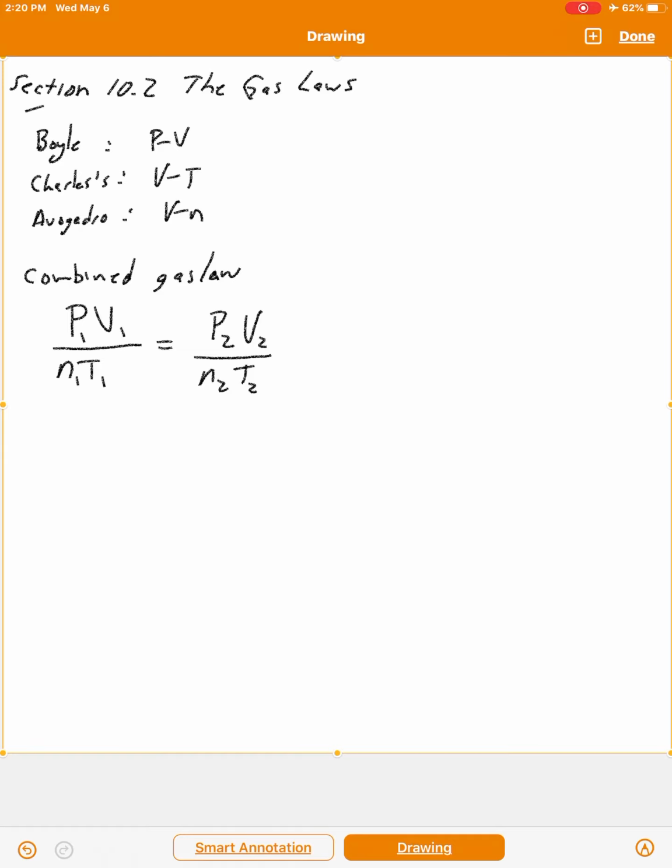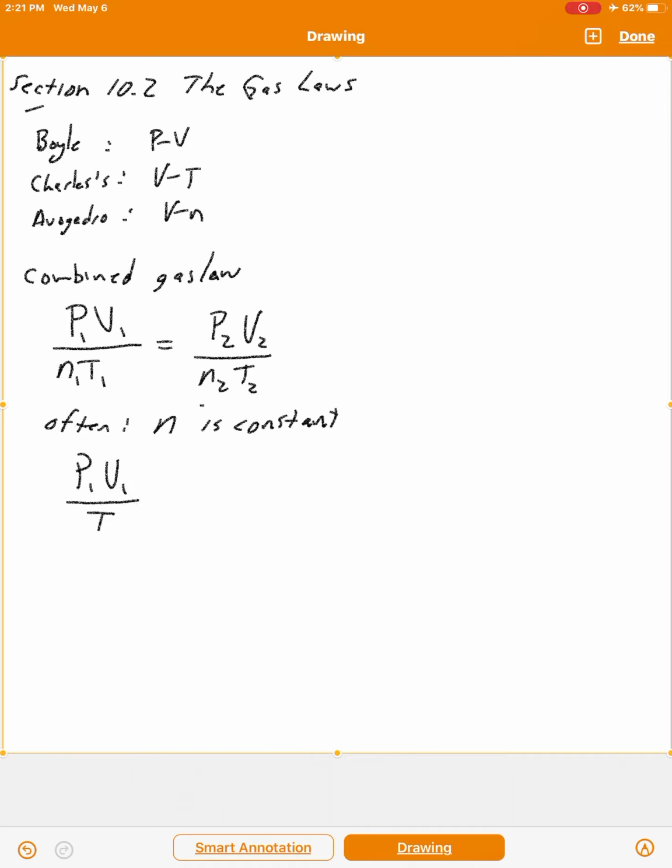Okay, so if we change the pressure, volume, temperature, and moles, we can still predict what's going to happen using this relationship here. I will point out that very often the number of moles is constant. For many problems that we work on, the number of moles is essentially constant. So it simplifies to this.